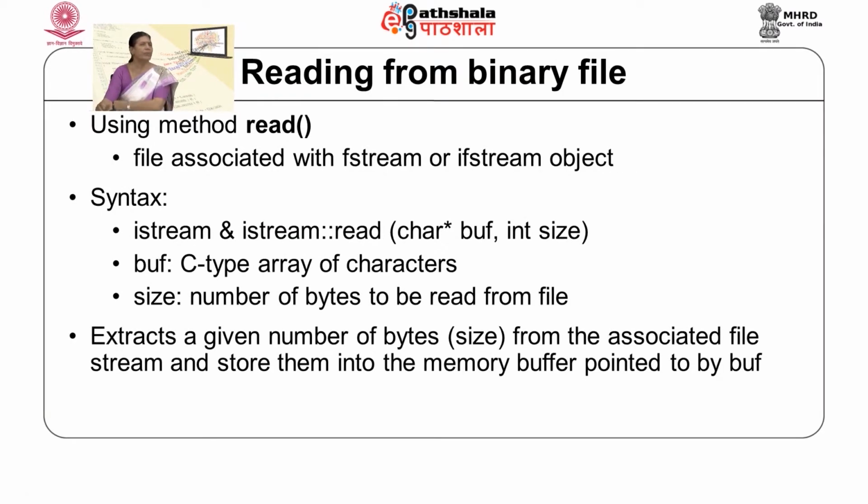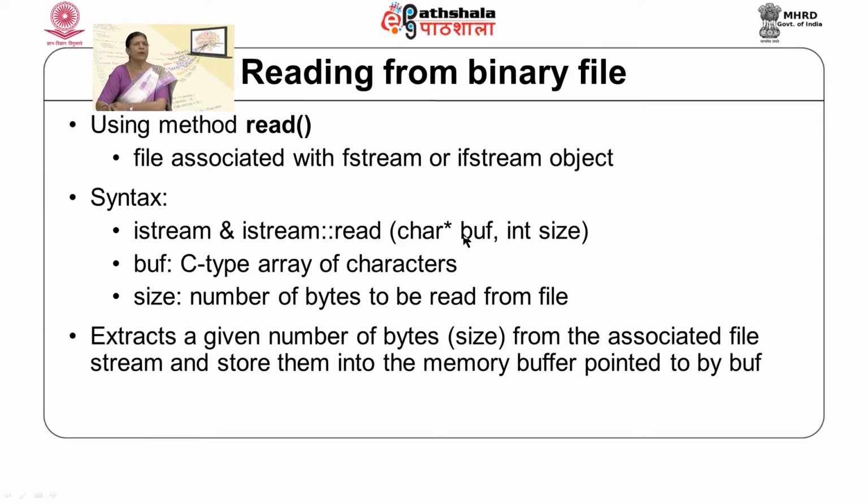To read the data from the binary file, we use the read method, and here the file should be associated with either an fstream or ifstream object. The syntax is very similar to write; the only thing is it is a method of the istream class and it returns the reference to the istream, but otherwise both the parameters are very similar to the parameters in the write method.